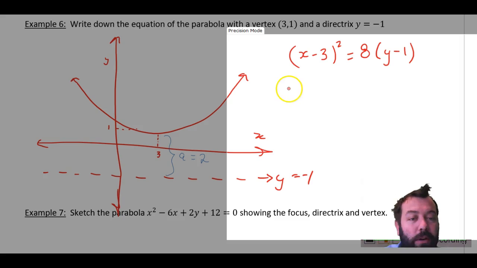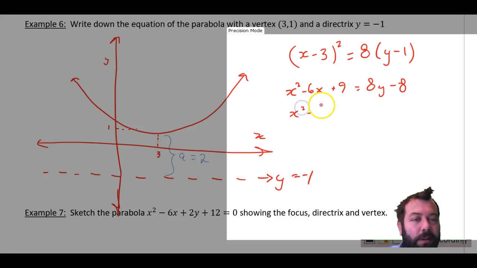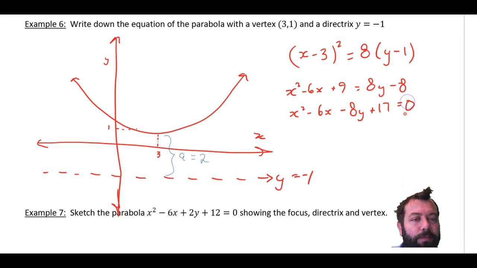We can expand it out, though, and we could say that x squared minus 6x plus 9 equals 8y minus 8. And then we could say x squared minus 6x minus 8y plus 17 equals 0.